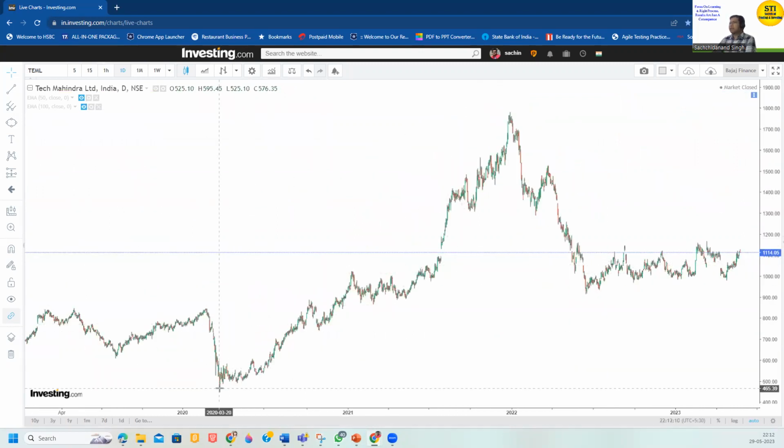After the COVID scenario, I think most of the IT stocks went up, and Tech Mahindra is one of them.